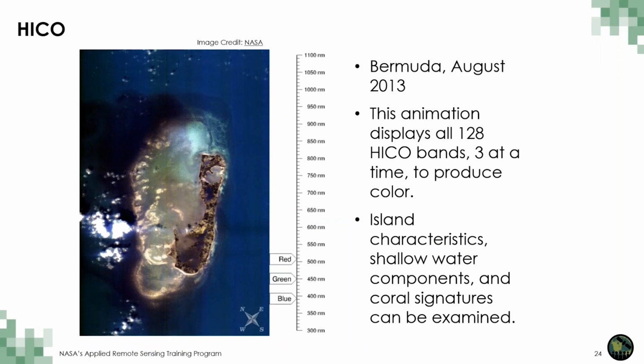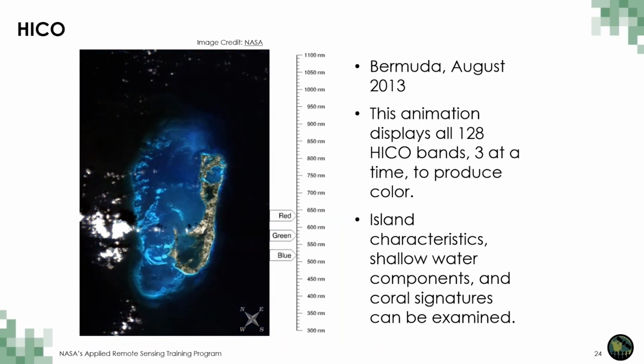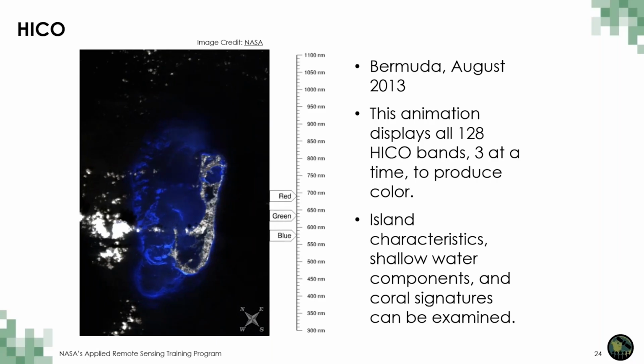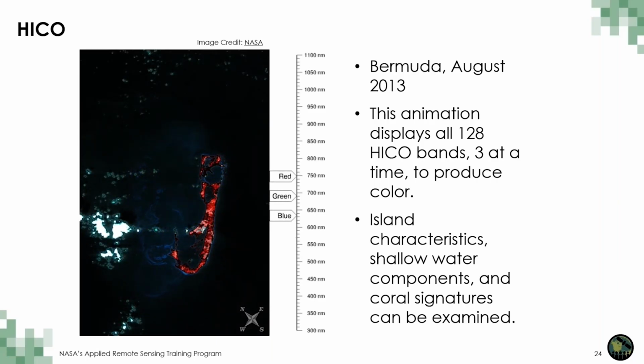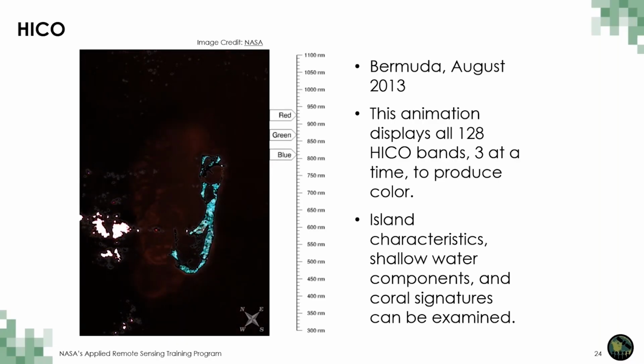This is something that we showed also during the first session, but I thought it was appropriate to re-show it here because it's a particularly cool animation product developed by the Goddard researchers.